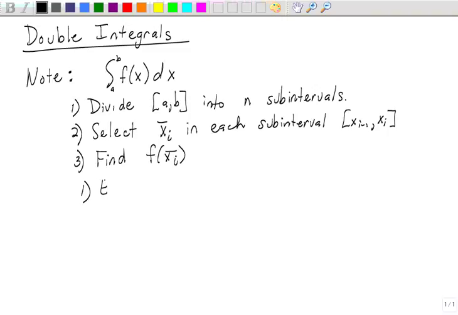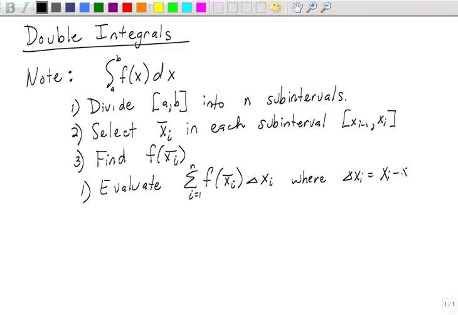And then we evaluate the sum of all of these from 1 to n, where delta x i is the width of each subinterval.